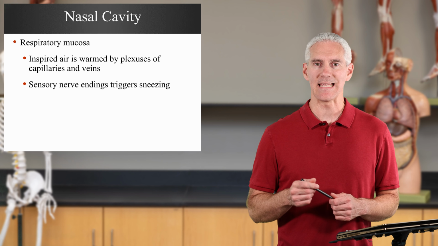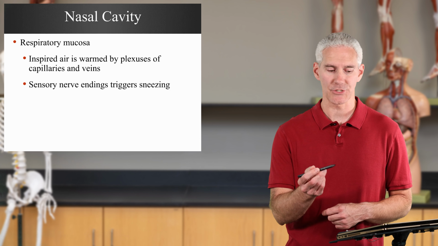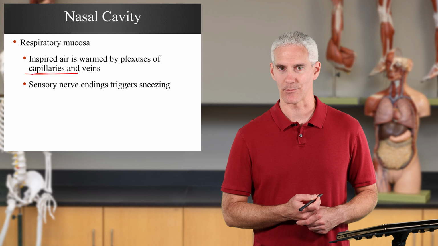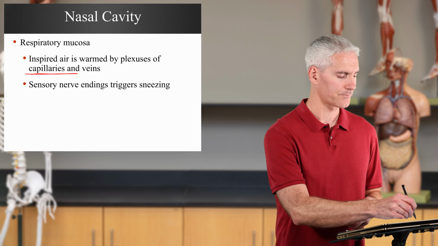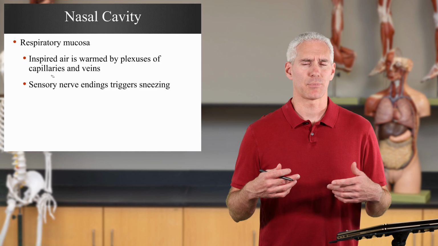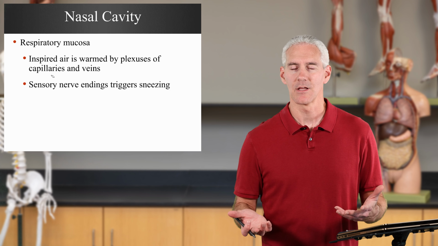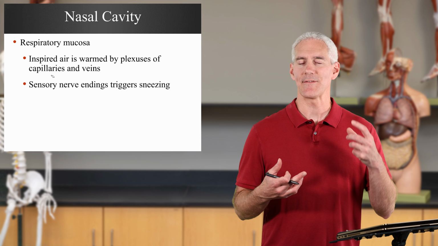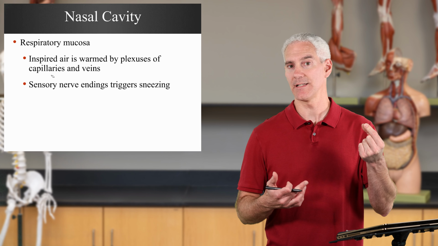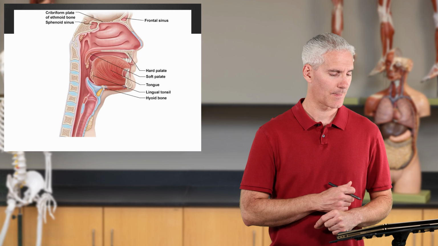So what it's doing is increasing the temperature and moisture, all because of this superficial capillary network, and veins for that matter. You have nerve endings in there. Well, sure, you've probably sneezed at some time in your life. The nerve endings are triggered if something irritates it, and then you sneeze. So the irritation of the nerve endings triggers a sneeze.